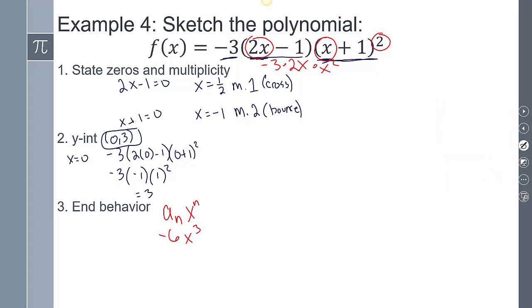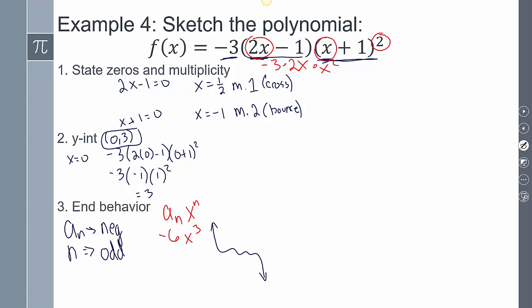So my a sub n, I know it's going to be negative. My degree is going to be odd. So when my leading coefficient is negative and my degree is odd, it's going to go like that. That's what my end behavior is going to look like.